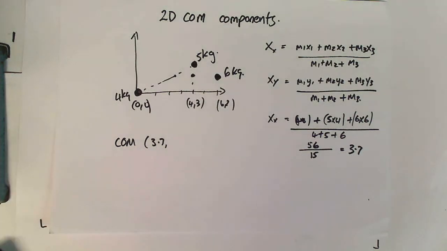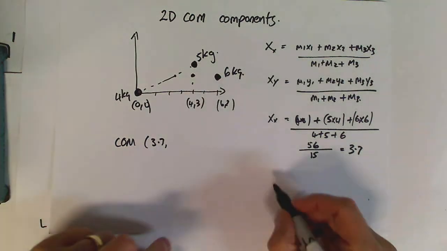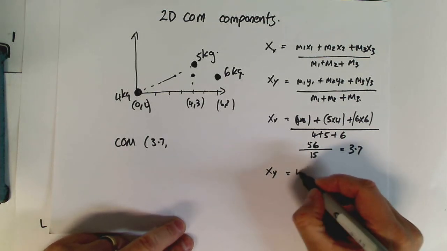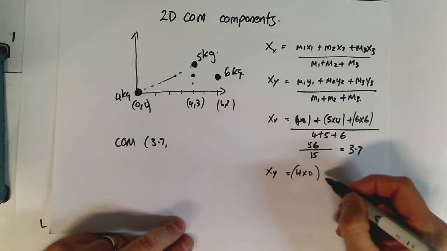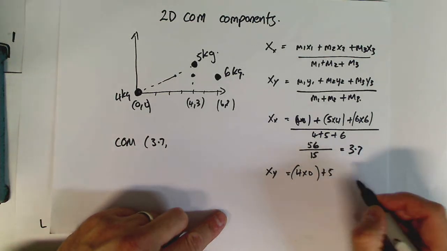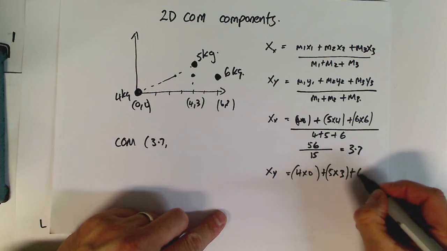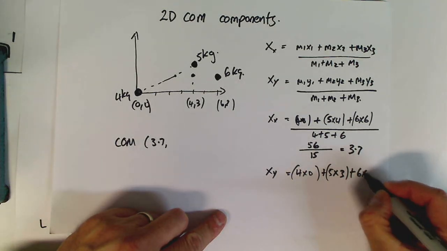Now we just need to find our y component. So let's plug the numbers in. We've got m1, 4 times 0, plus 5 times the y component, which is 3, plus 6 times the y component, which is 2.